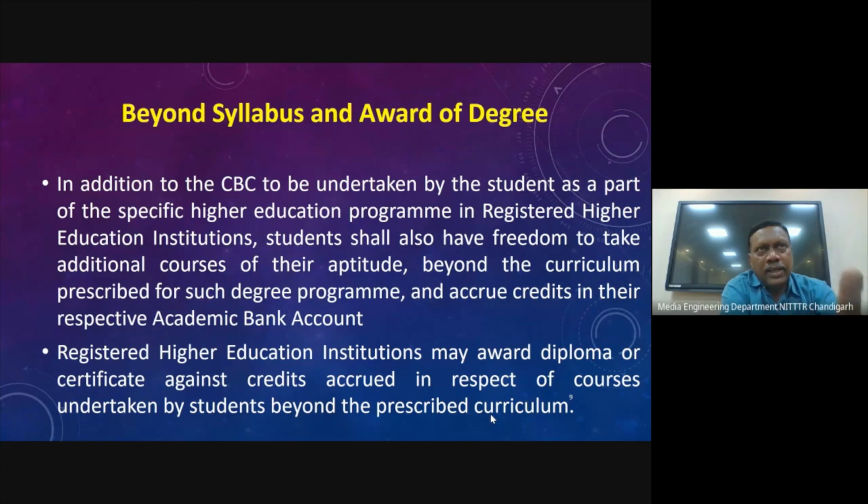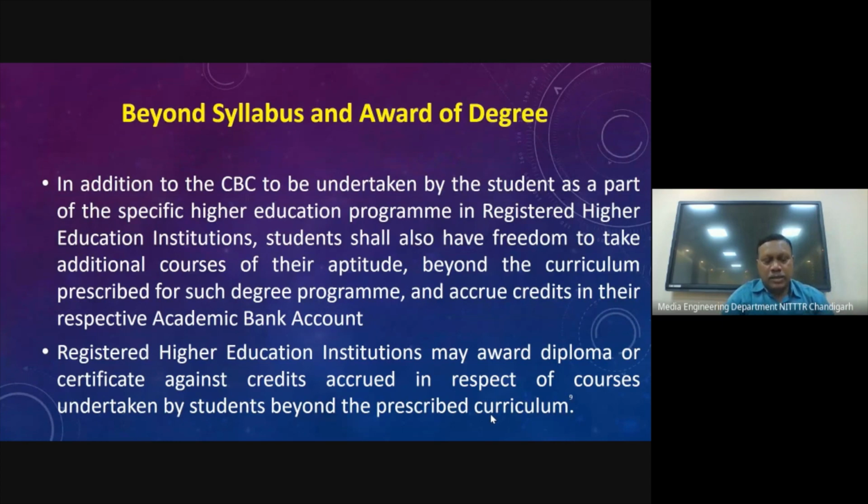Like you have put in electives, and students can opt for those electives. And if these electives lead to some additional beyond-syllabus degrees, and the institute is in a position to give that degree, they can get an additional degree along with the core degree.